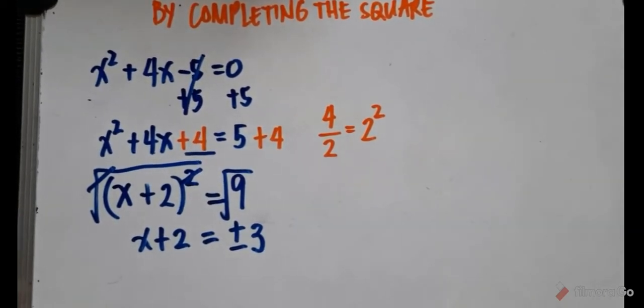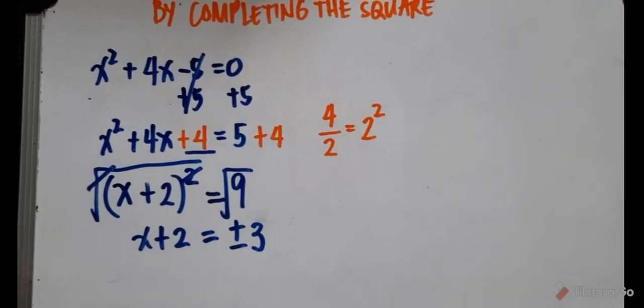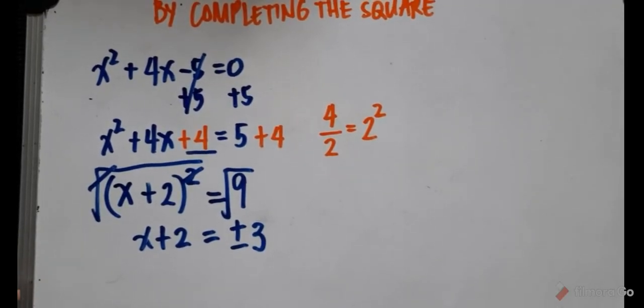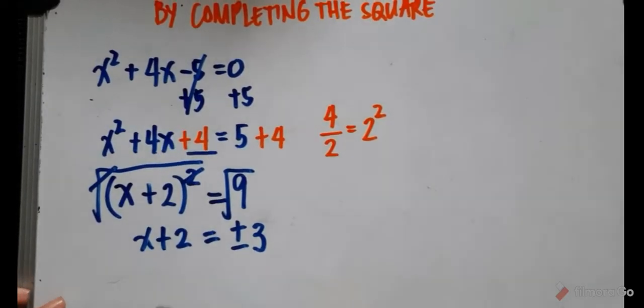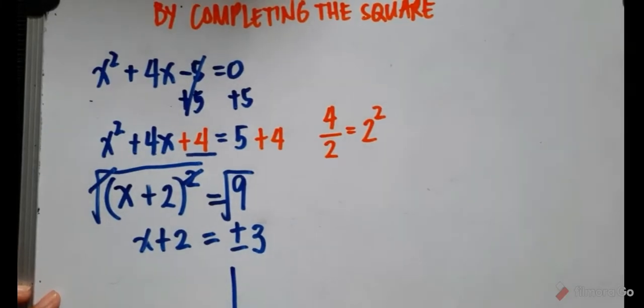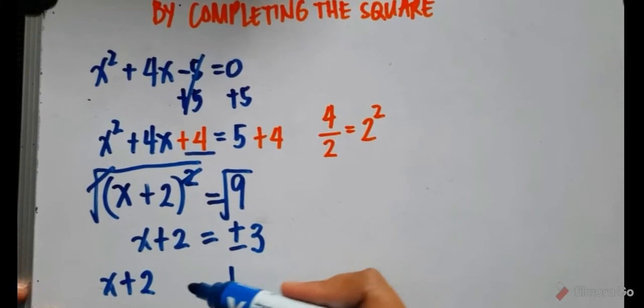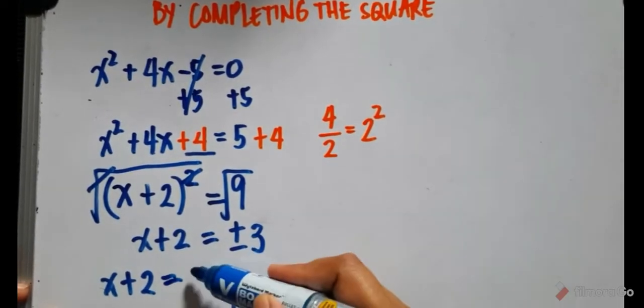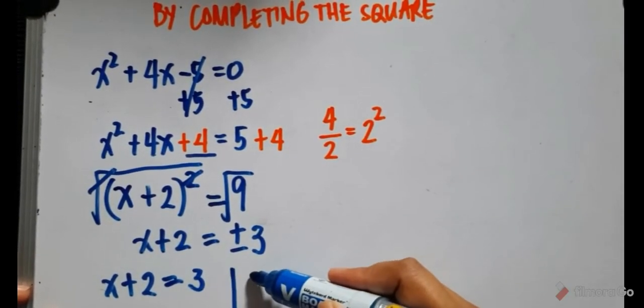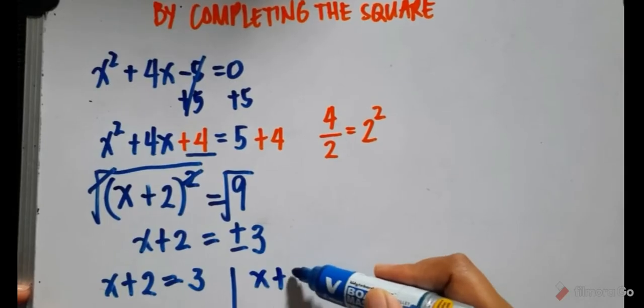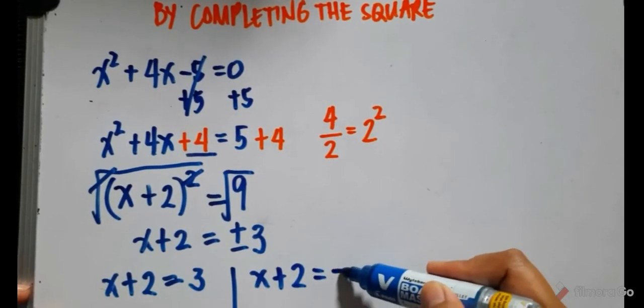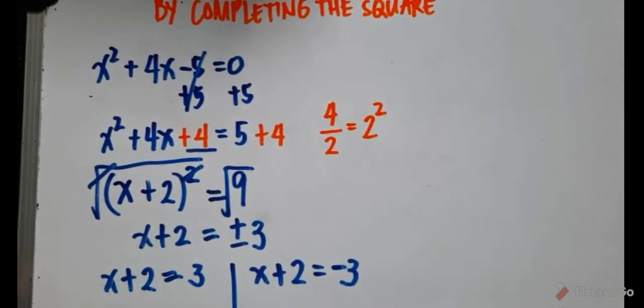And then we are going to solve the resulting linear equations. So this will be two equations. In this case, we have x plus 2 is equal to positive 3, and on the right side, we have x plus 2 is equal to negative 3.